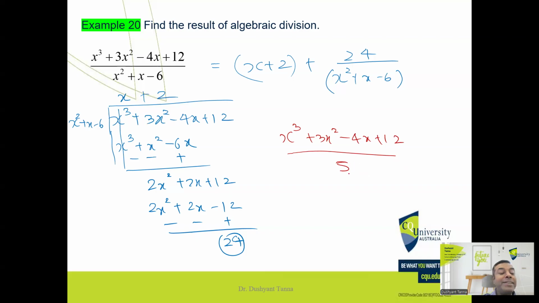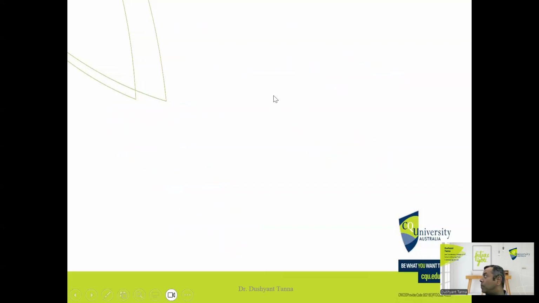If it was simply 5, even better. It's x cubed over 5 plus 3 over 5x squared minus 4 over 5x plus 12 over 5. Again, you separate the 5. So only when you have a polynomial in the denominator, like 5x plus 2 or 7, a linear polynomial, or quadratic in our case, then you will go for long polynomial division. Okay, cool.